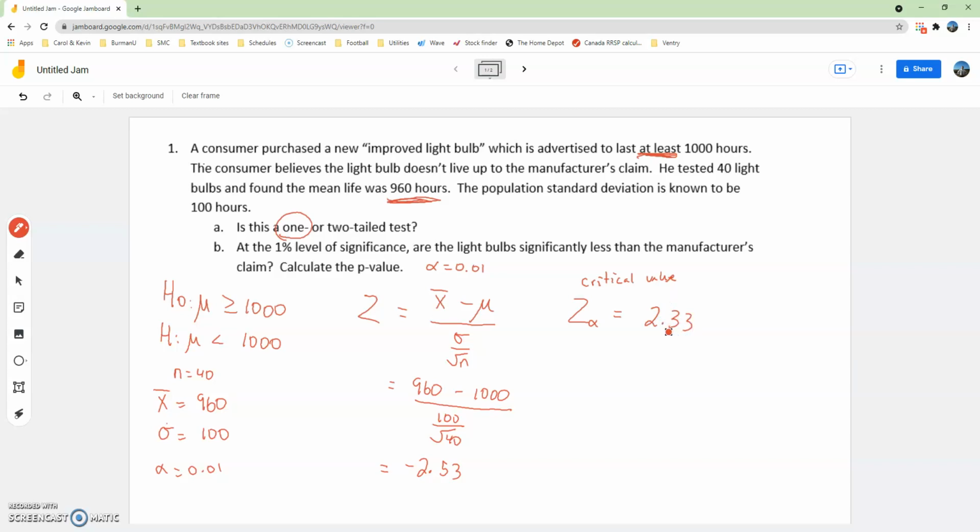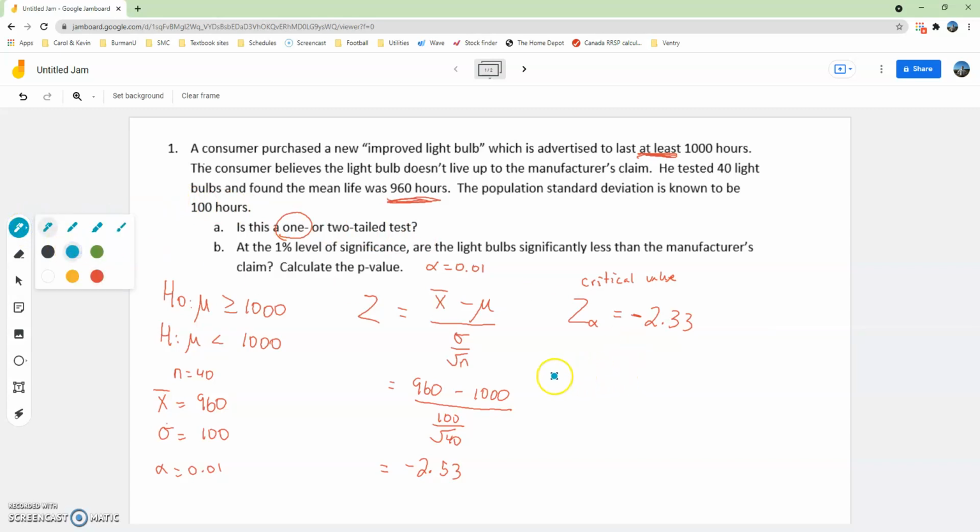Remember, in the beginning of this chapter, we went through various levels of alpha, and if it was one-tailed or two-tailed, what the critical value would be. So this one, critical value is actually negative. Our test statistic is negative. Critical value is going to have the same sign.